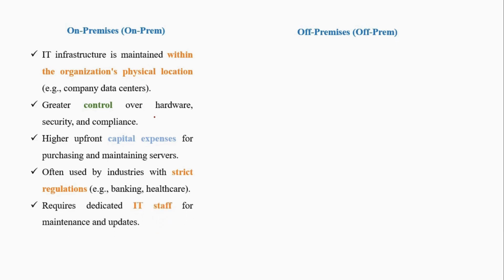Obviously we require dedicated employees or staff to maintain the updates, to run the servers, to check the logs, to check the networks, and to run regular checkups so that the network is running appropriately. All these are the challenges when we maintain an on-premise organization.